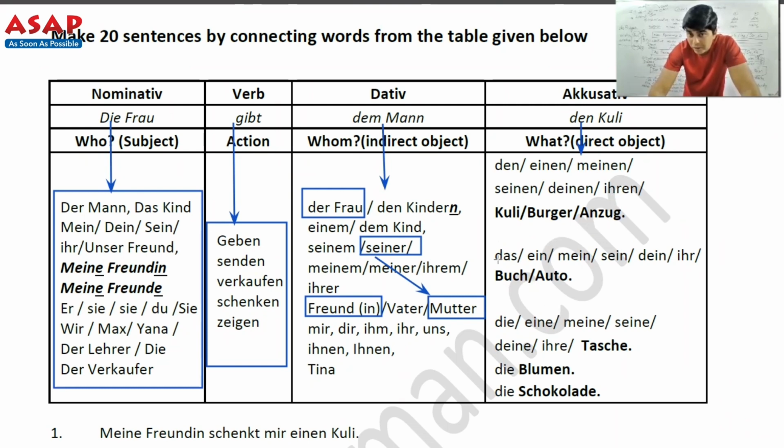If you are talking about a neutral object, das, ein, mein, sein, dein, ihr, Buch or Auto. Die, feminine: die, eine, meine, seine, deine, ihre, Tasche. Means try using different combinations. And die, Blumen, plural. Die Schokolade, Schokoladen. We should write N here. Schokoladen.